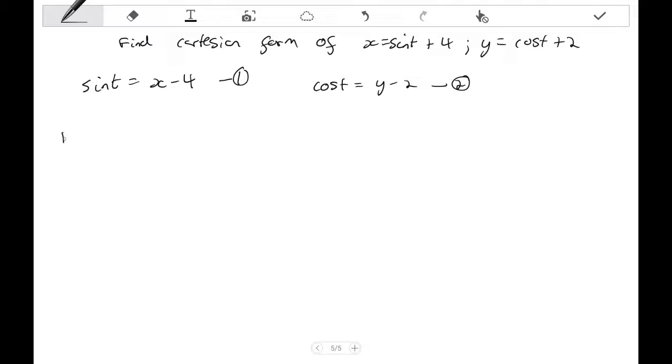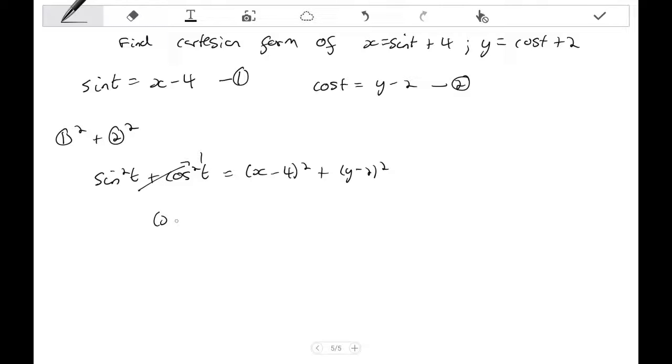Now what I'm going to do is square them both and add them together. I get that sine squared t add cos squared t would be equal to (x minus 4) squared add (y minus 2) squared. But we have an identity that says if you have sine squared plus cos squared of the same argument, that's just equal to 1.